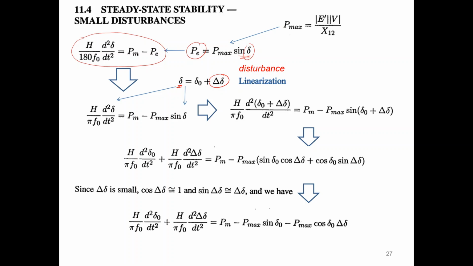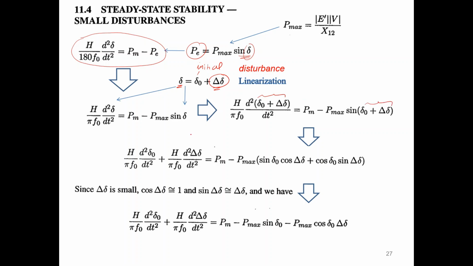We assume that delta changes a little bit from the initial value delta 0. Now we put this change in, and we assume the linearization. Now the delta has been changed.